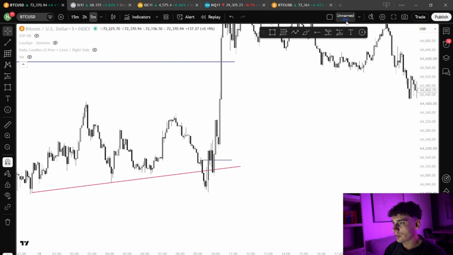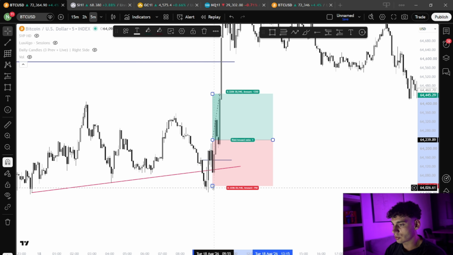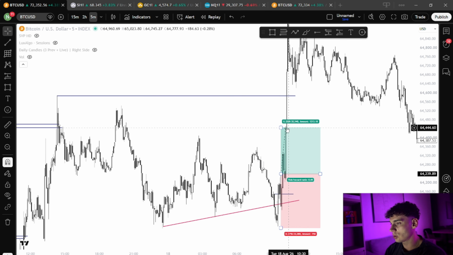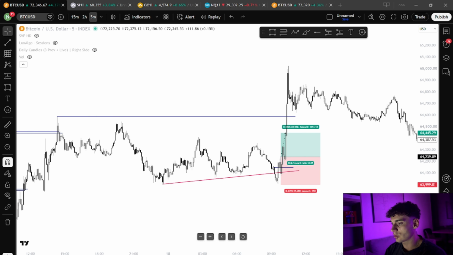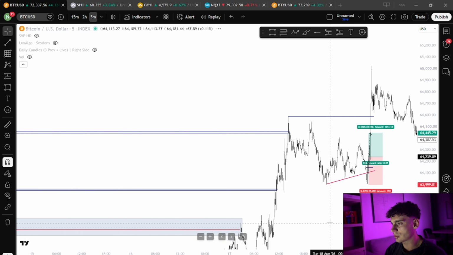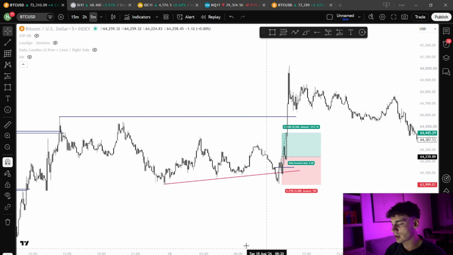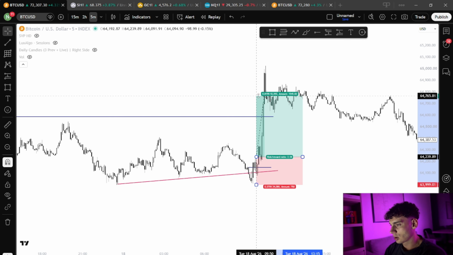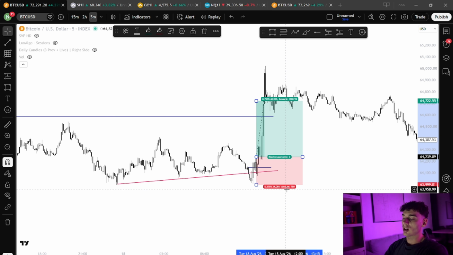After that correction, you will be entering your trade somewhere around here, putting your stop loss either here or here, and targeting 1 to 2 or whatever. I know that there are some highs on this left side, so I was targeting 1 to 2, and boom, that was somewhere around there. So this is trendline liquidity.